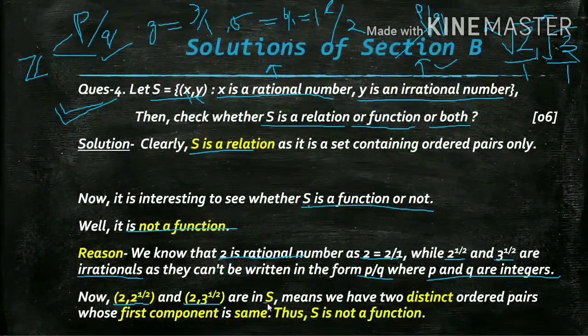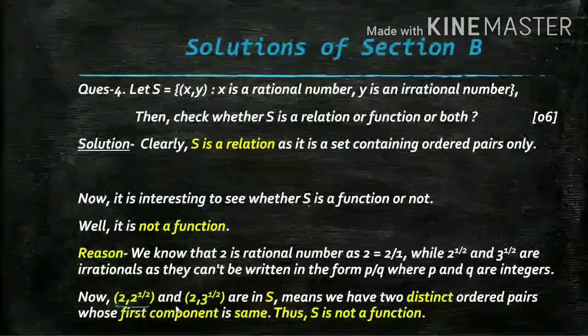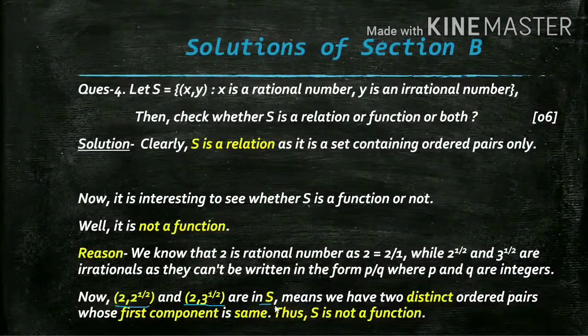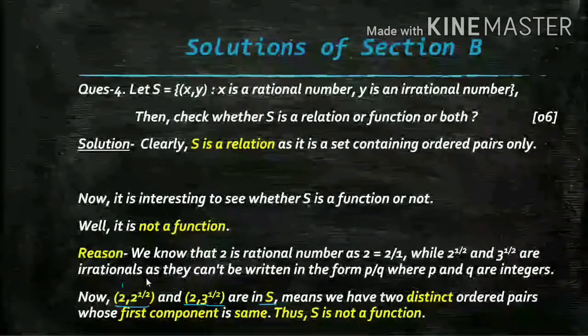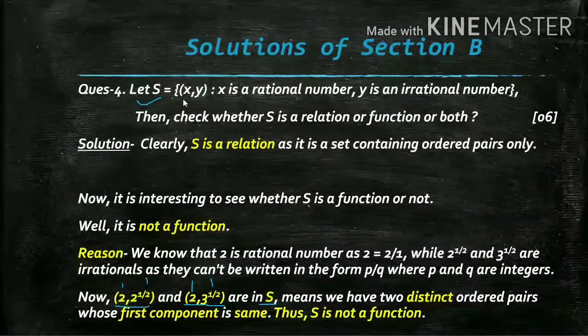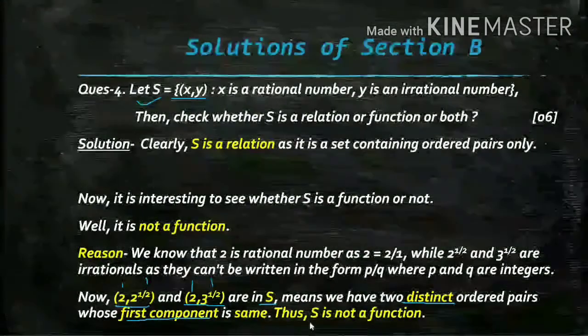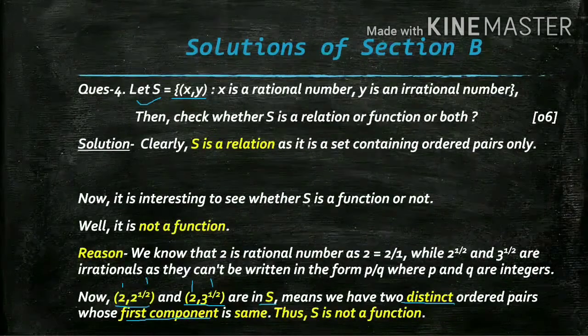They both lie in S, because 2 is rational and root 2 is irrational, and root 3 is irrational, and this is how the pairs are defined in S. That means I can find two distinct ordered pairs whose first component is the same, which violates the property of a function. So S is not a function.